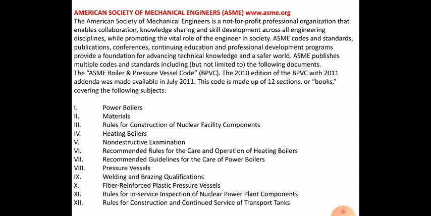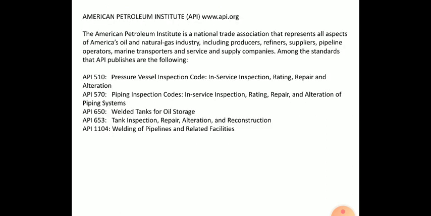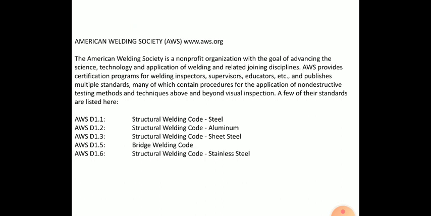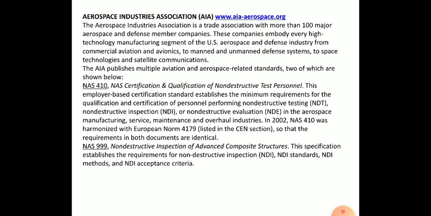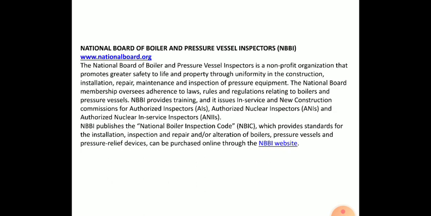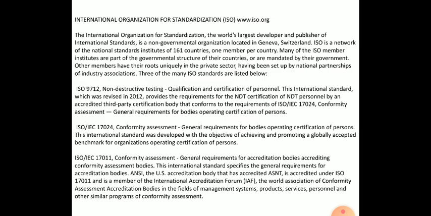These are ASME, as we discussed, then API, then ANSI, AWS, including all, and AIA, the Aerospace Industries Association, and NBBI, the National Board of Boiler and Pressure Vessel Inspectors.